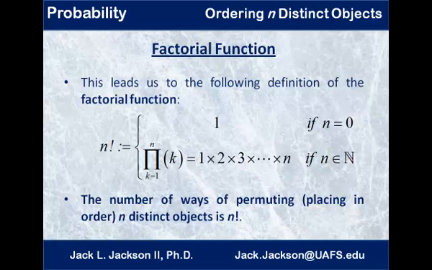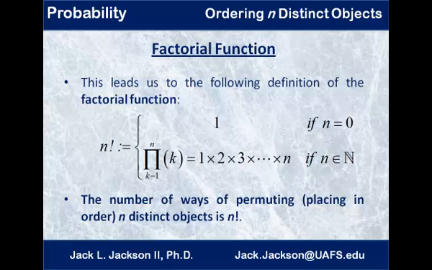So when we're saying the product from k equals 1 to n, we're substituting 1 in place of k, and then 2 in place of k, and 3, and so forth, all the way up to n, and then we're multiplying those together. So what that is 1 times 2 times 3 times 4 times 5, all the way up to whatever n is. And if you think about it, that's backwards from the way we did our tree and did our example, but of course multiplication is commutative.